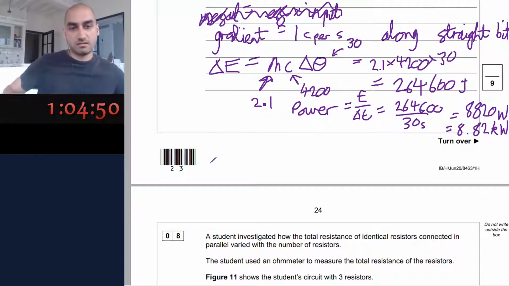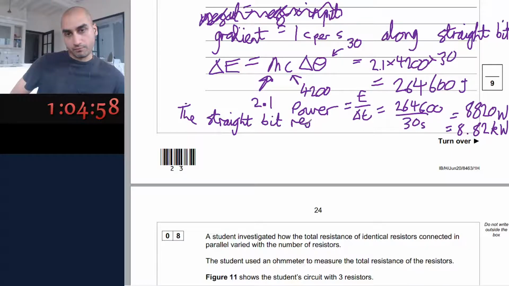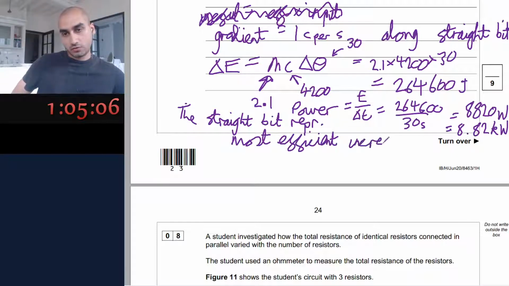Should I just say the straight bit represents the most efficient increase over time?